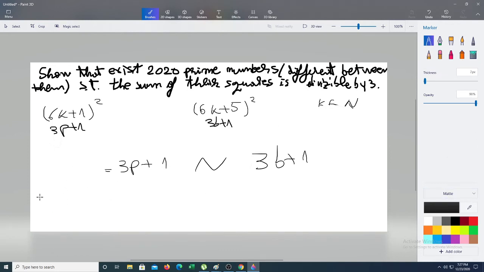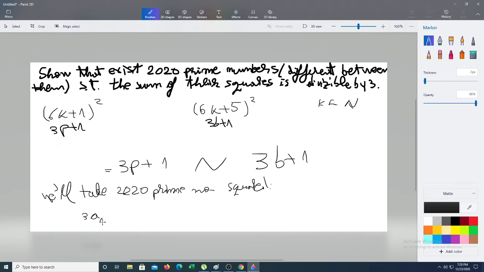Because we will take 2020 prime numbers, but squared. How? Look.